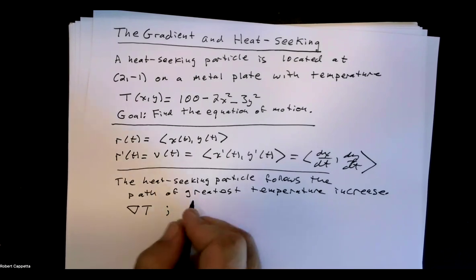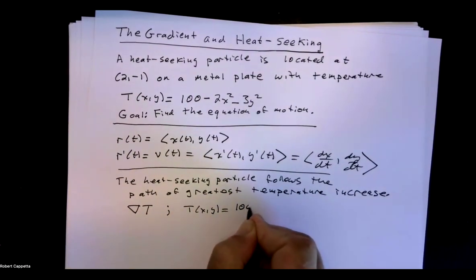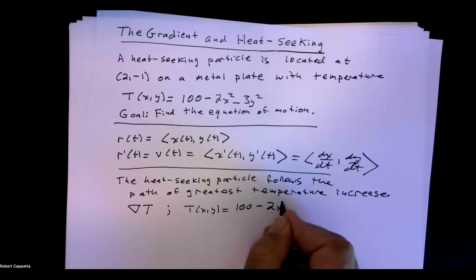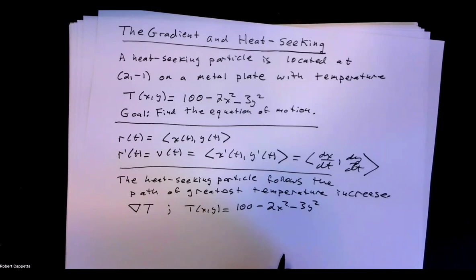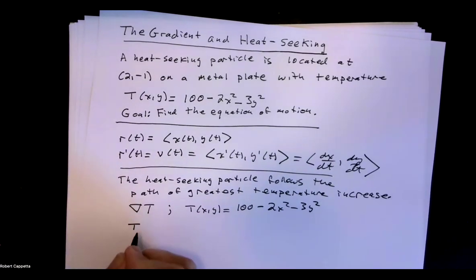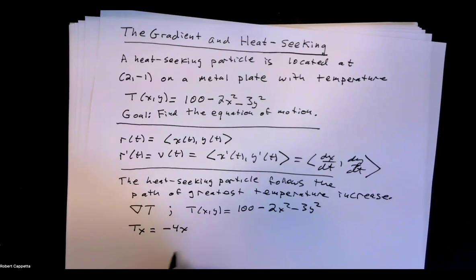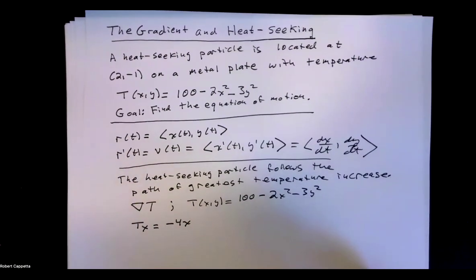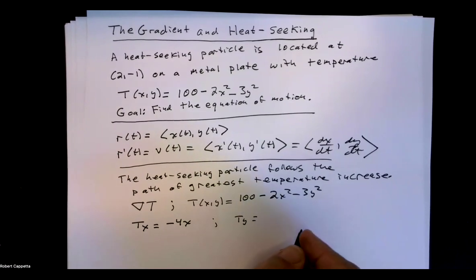Well, what do we know? We have our function T(x, y) is 100 minus 2x squared minus 3y squared. So our gradient is what? We have to figure out the partial derivative with respect to x, which is -4x, and the partial derivative with respect to y, which is -6y.